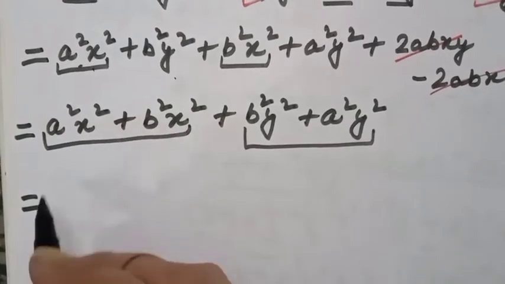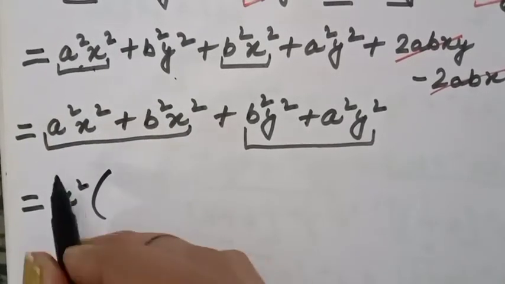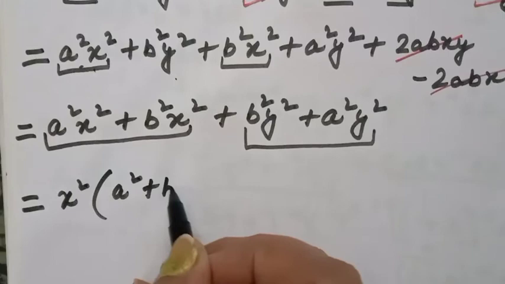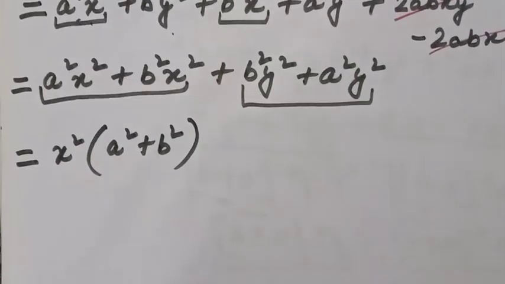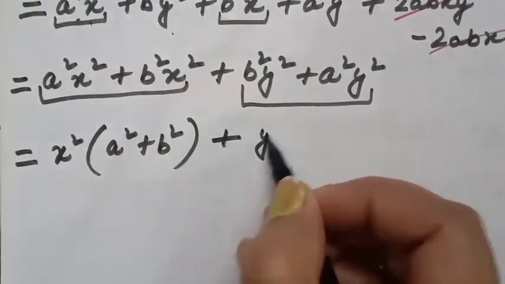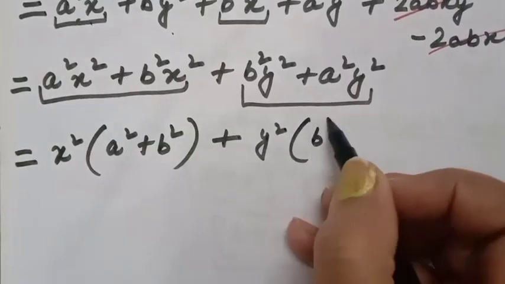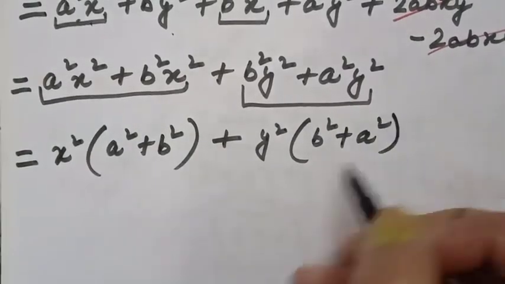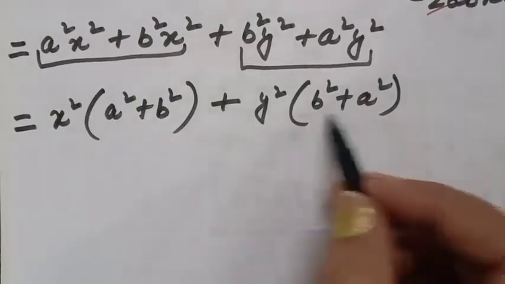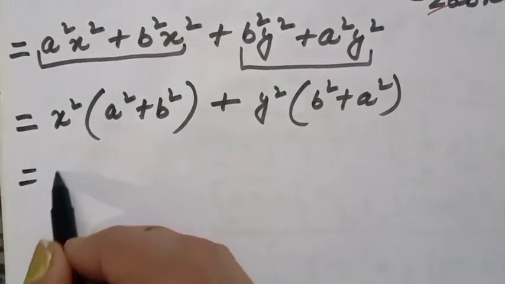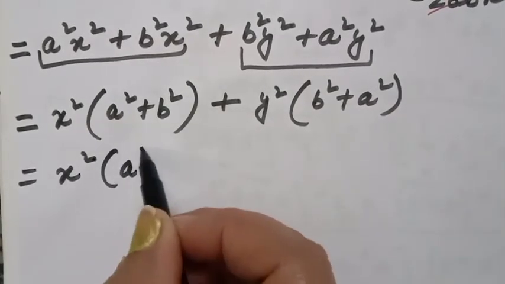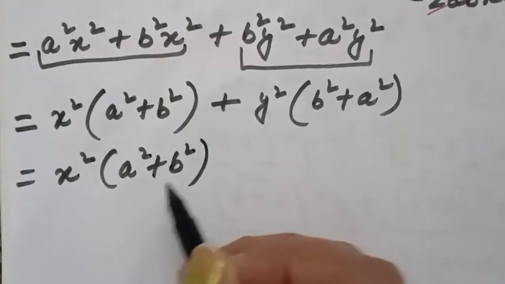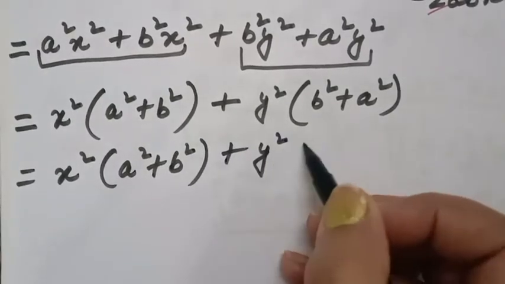So x square is common. What is left here with us? A square plus b square. In the second one, we have y square common. So what is left with us is b square plus a square. And as you know, we can write it as a square plus b square as well. So I'm just writing one more extra step which you can avoid if you understand it clearly.